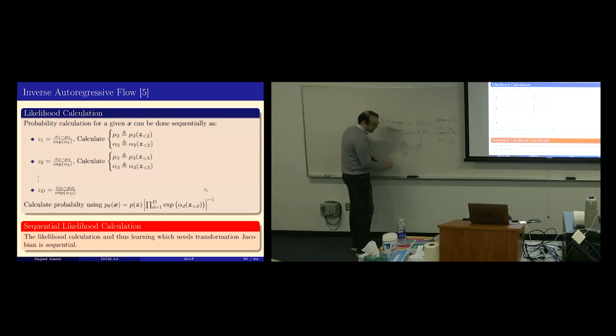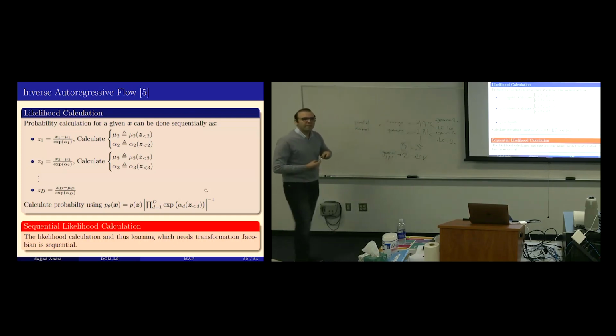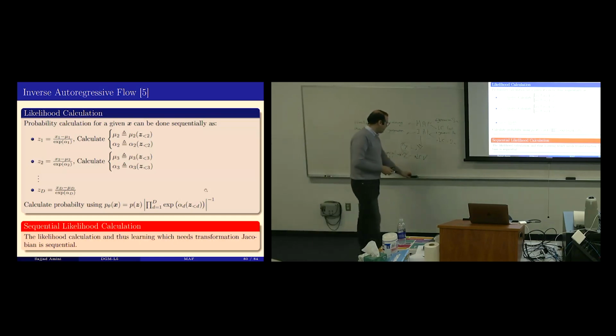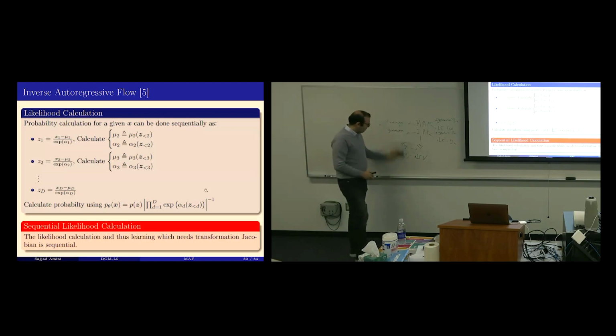But if X is something which is generated using that IAF, then IAF can calculate the likelihood very fast, similar to MAF. And this is the trick that they use in Parallel WaveNet to have a model that is fast in both training and generation. If you are interested, you can follow this keyword, and there is lots of information on the web.